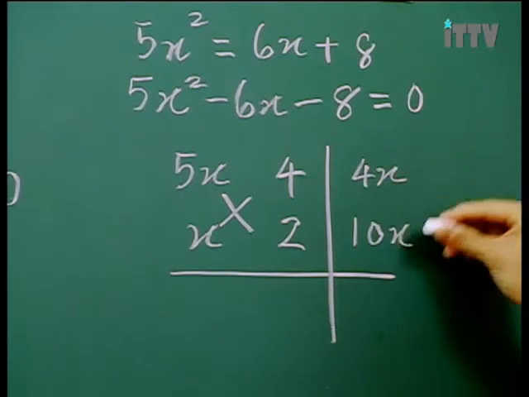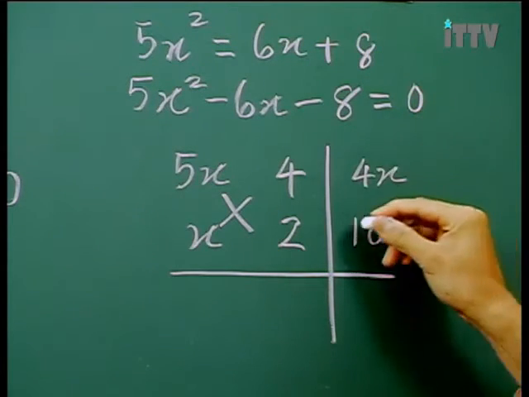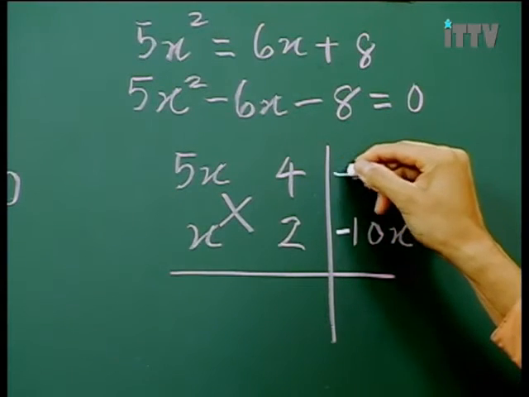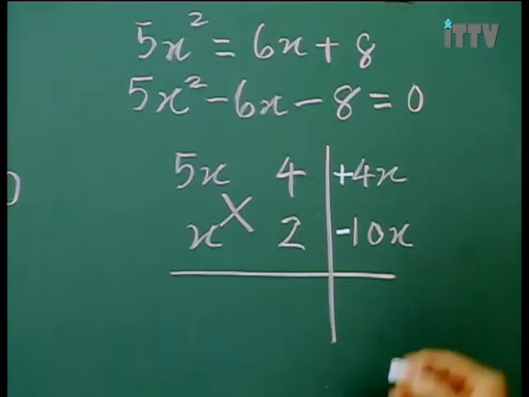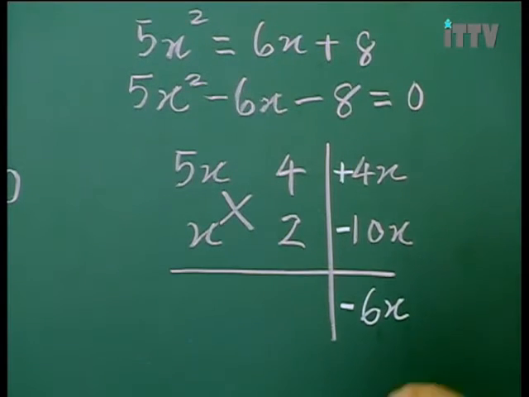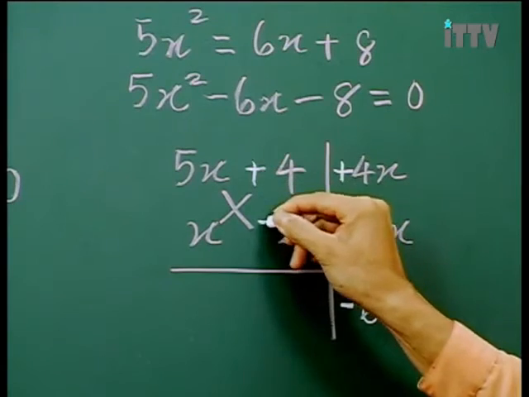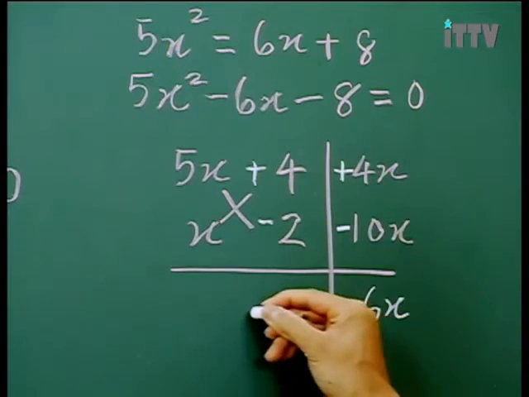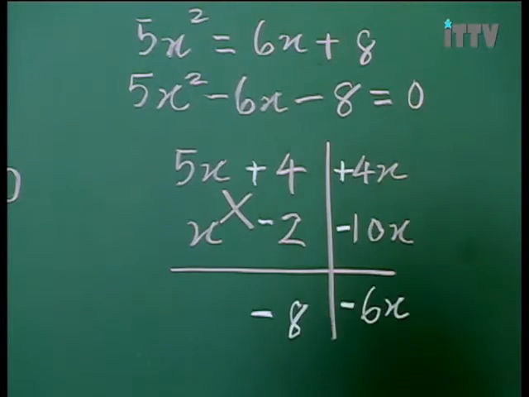How do we arrange the signs to get negative 6x? The negative must be here and the positive must be here. Then only you will get negative 6x. Then transfer the signs over to the left hand side. The product is negative 8, spot on, you get the answers.